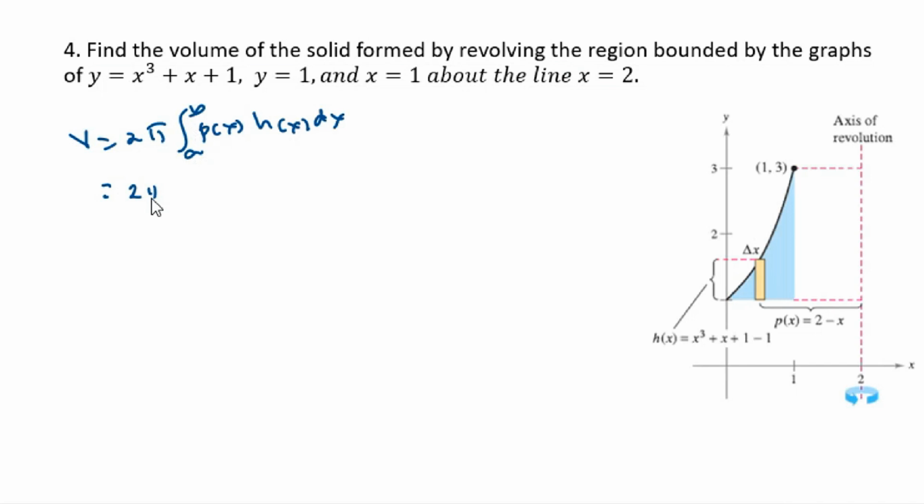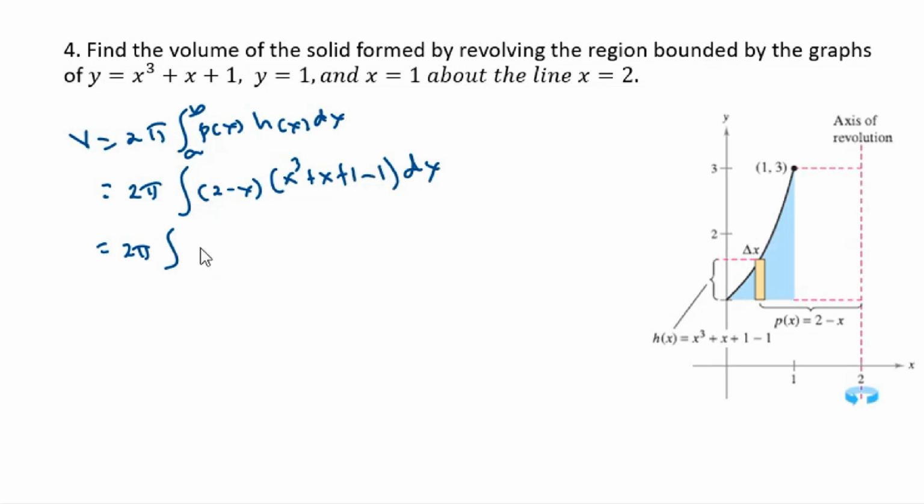So we have 2 pi times the integral of p of x, which is 2 minus x, so we have 2 minus x, and h of x, which is x cubed plus x plus 1 minus 1, and this is dx.